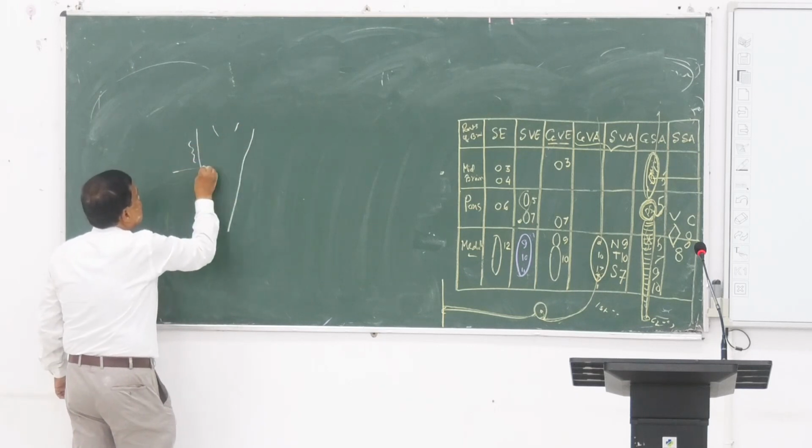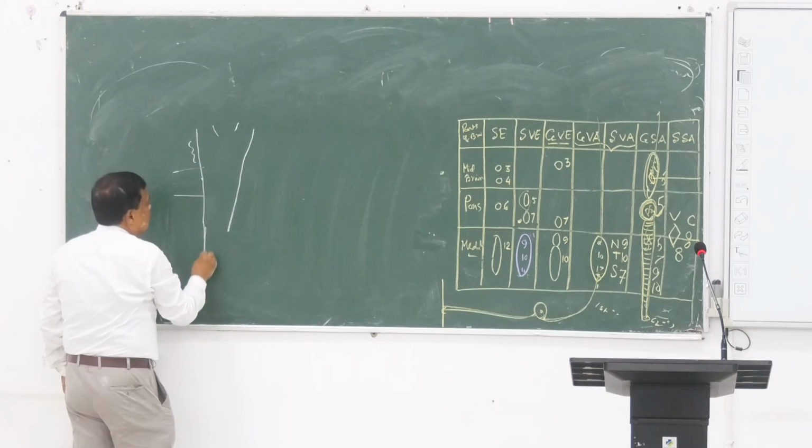এটা হচ্ছে মিড ব্রেন, pons, medulla oblongata and spinal cord.